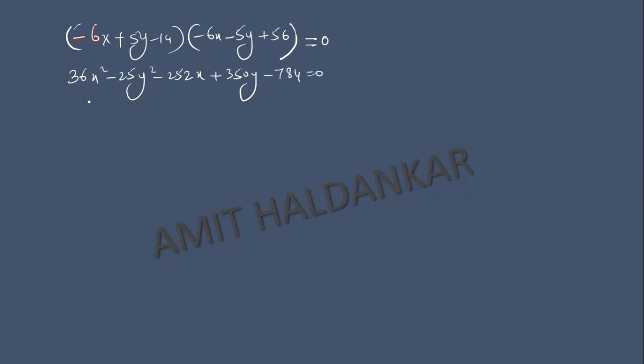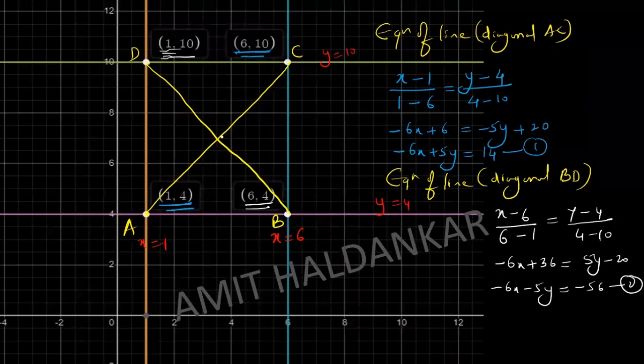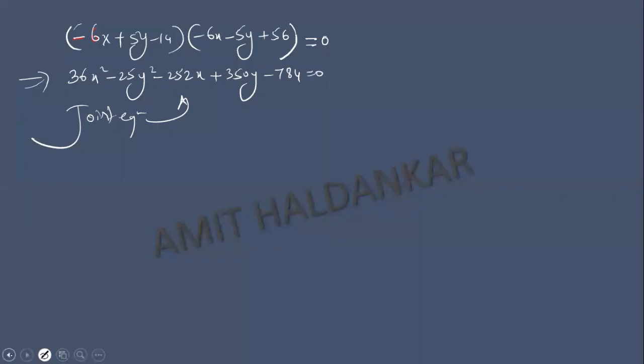So this is the joint equation of the pair of lines. We did not find the intersection point since it's not asked, but if it is asked, you can find it by solving 1 and 2. We just want the joint equation, so just multiply and get this answer.